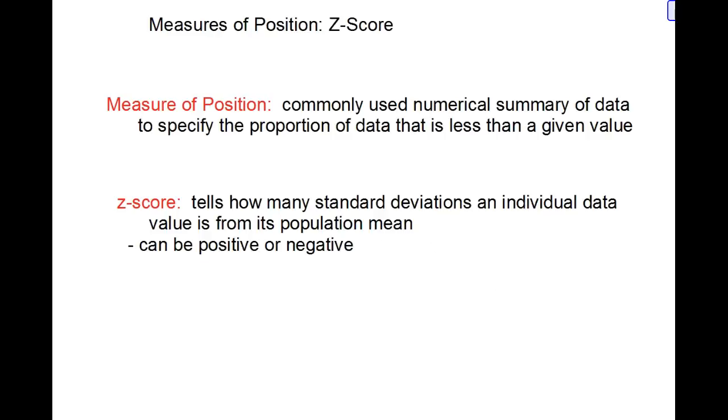And so when we think about this, if I look at a number line and I say that the middle is the population mean, well, a positive 1 here is going to be 1 standard deviation above the mean. So a z-score of 1 is 1 standard deviation above the mean.